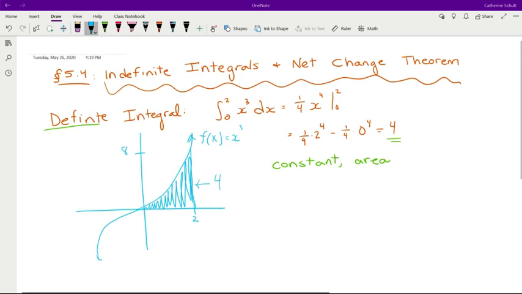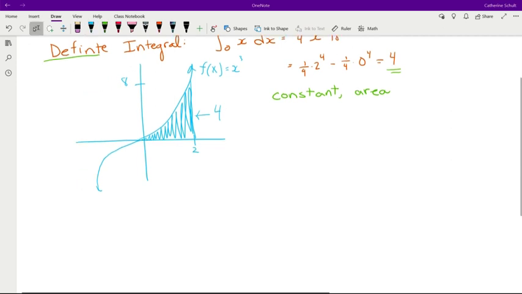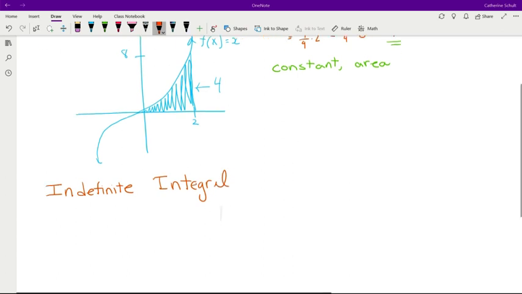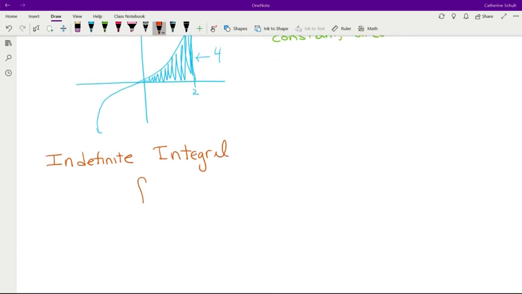So what are we doing now in this section? Well, we're going to be looking at the indefinite integral. We're going to have almost the same notation, but do you see what's missing?